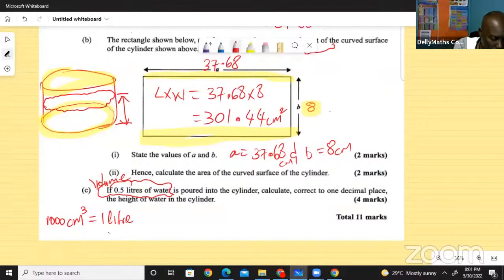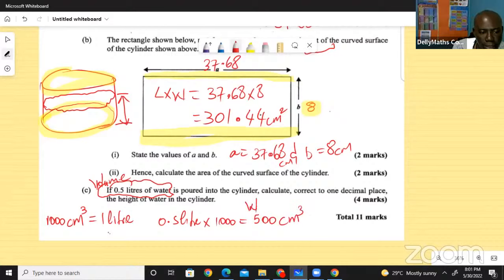If you look at this, all you have to do is multiply by 1,000. So if I multiply 0.5 liters by 1,000, I'll get the amount of water in centimeter cube that is equivalent to half of a liter. 1 liter is 1,000 cm cube, so half of a liter is 500 cm cube of water.